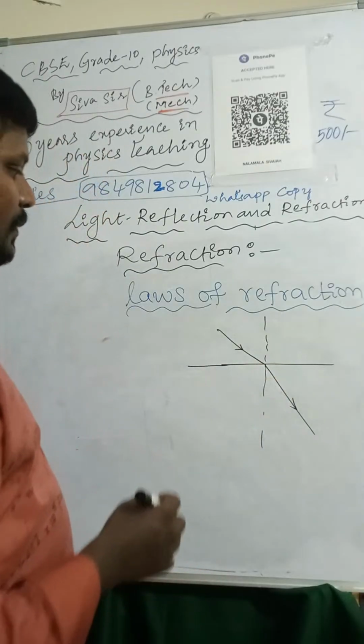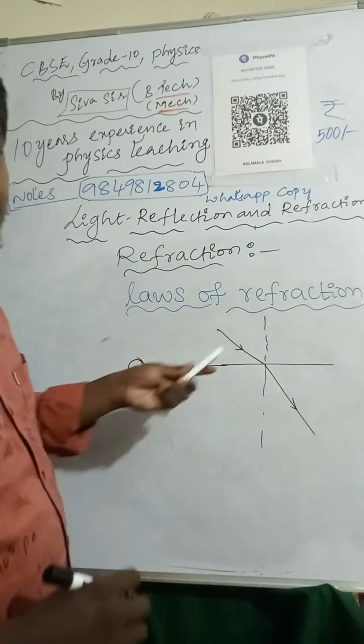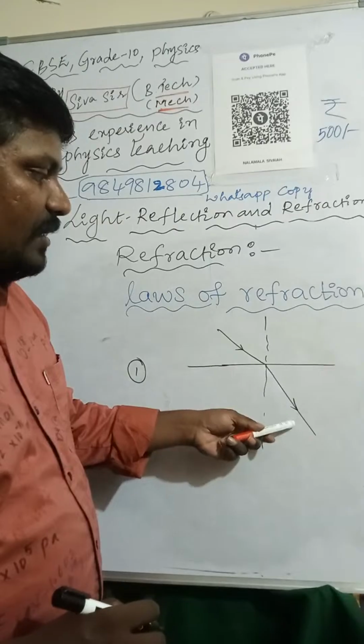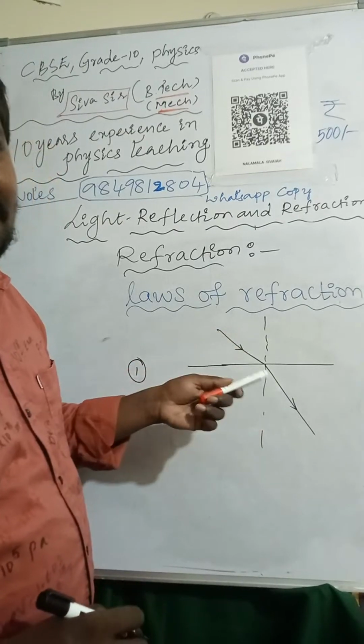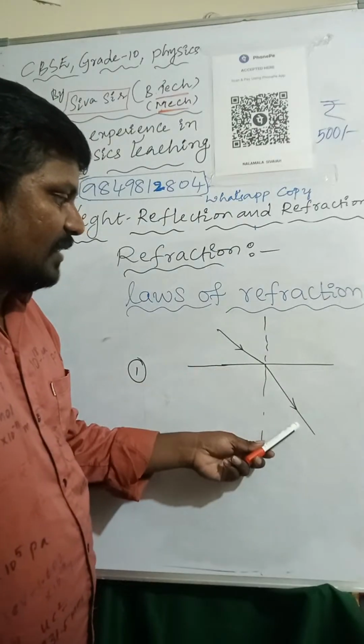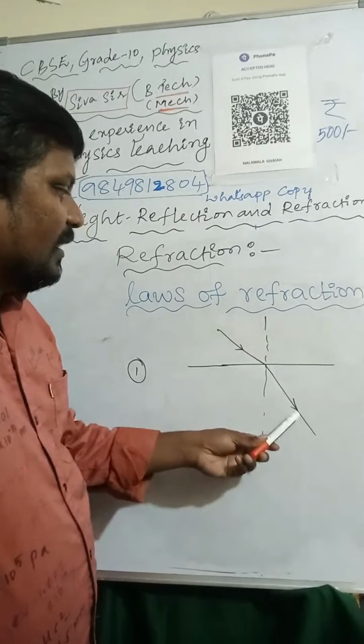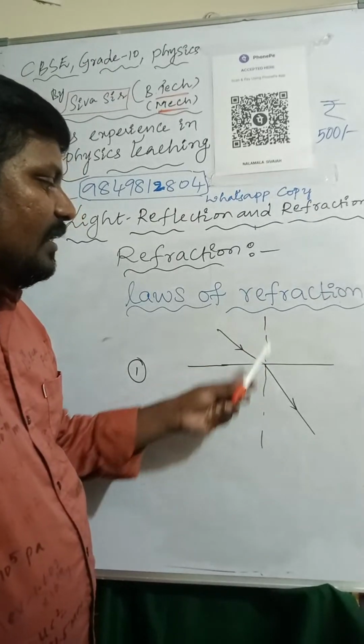First law: the incident ray, refracted ray, and normal line lie on the same plane.